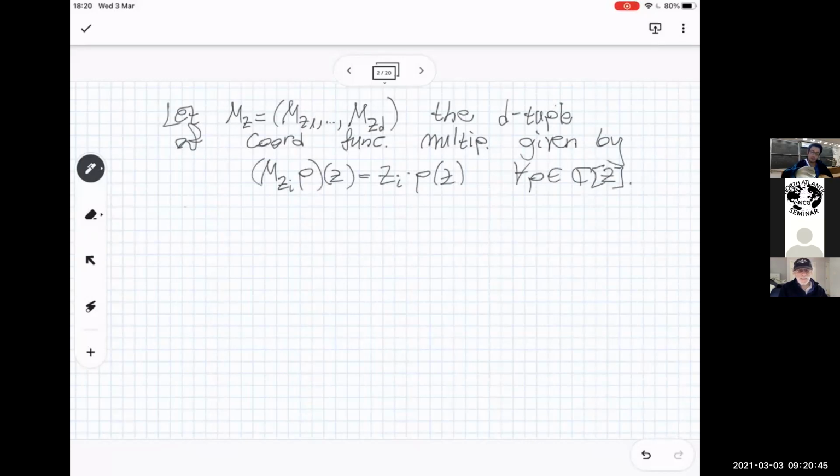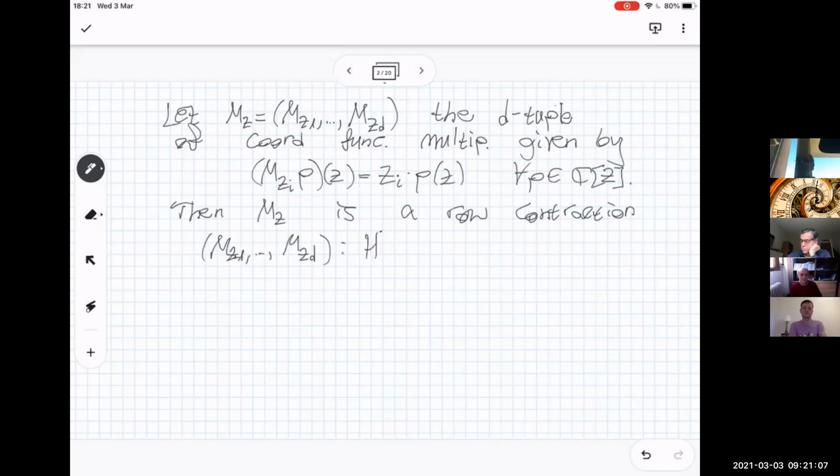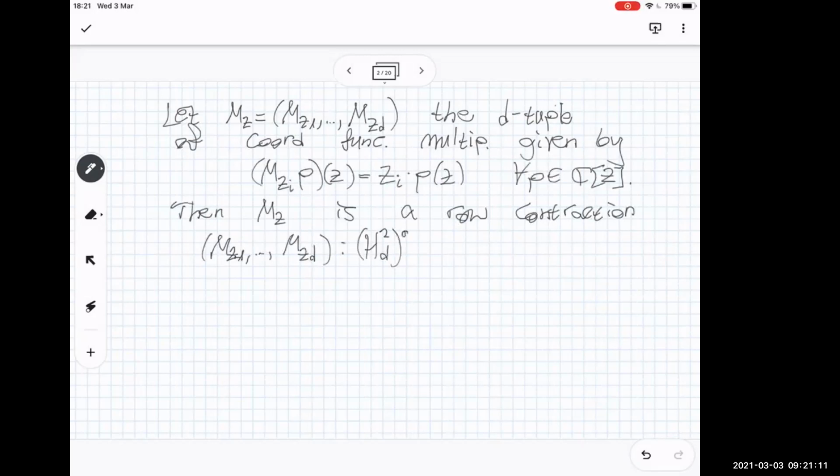Okay, then this tuple M_z is a row contraction. So that means that if you look at this M_{z_1} all the way up to M_{z_d} as an operator from H^2_d into H^2_d, that's a contraction.